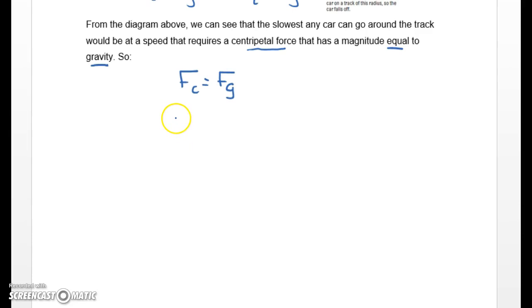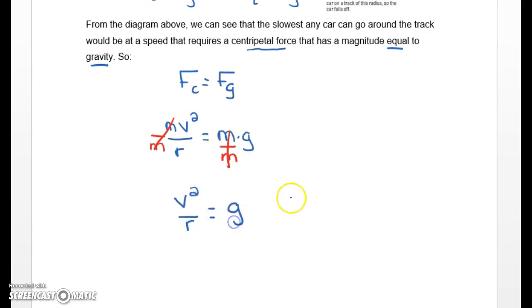Your centripetal force equation was mass times the speed squared divided by your radius. And your force of gravity was your mass times gravity. And just like last time, notice that we have our mass on each side of the equation, so we can divide by mass to get rid of it entirely. So we have our speed squared divided by your radius is equal to your gravity.